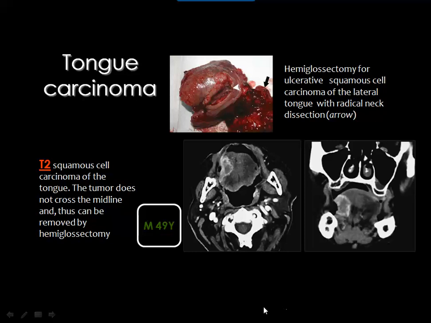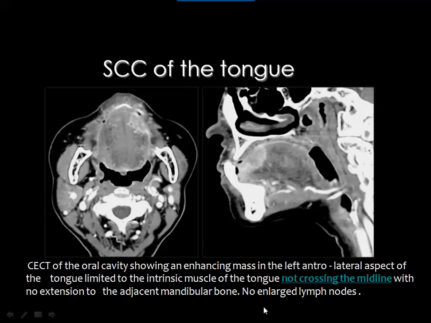Then crossing the midline is usually a sign that the tumor is not surgically resectable. Another example, here you see an enhancing mass in the anterior part of the tongue on the left side, and this tumor did not cross the midline and it can be surgically removed.